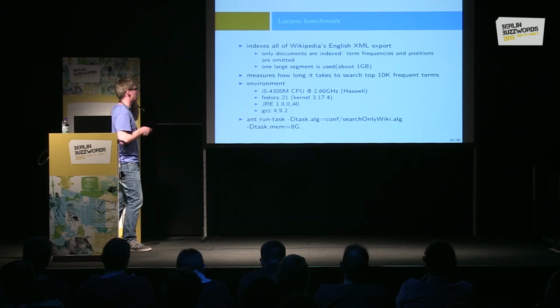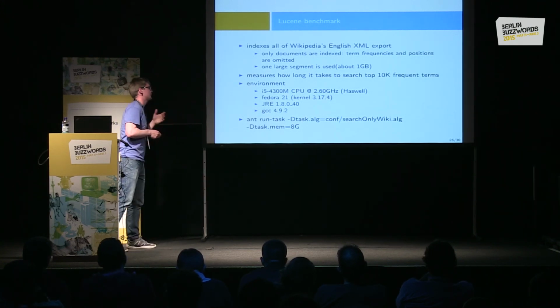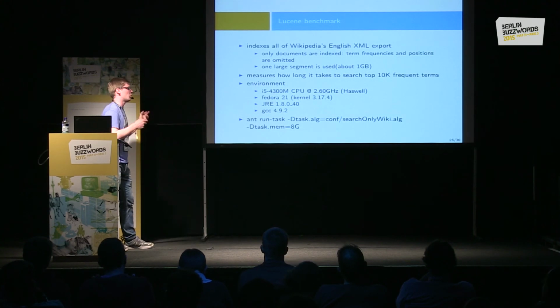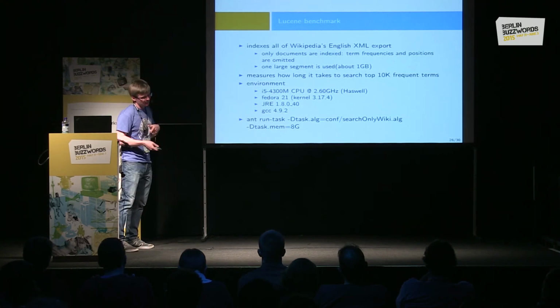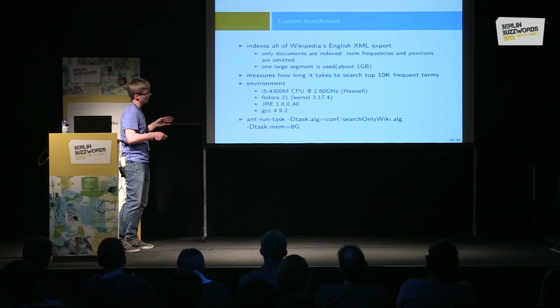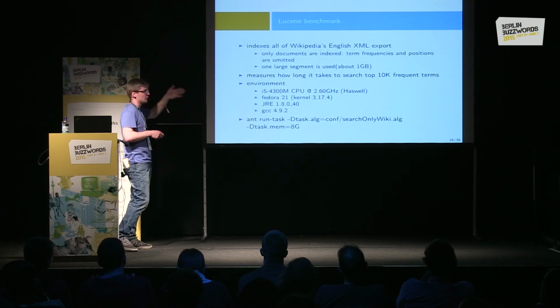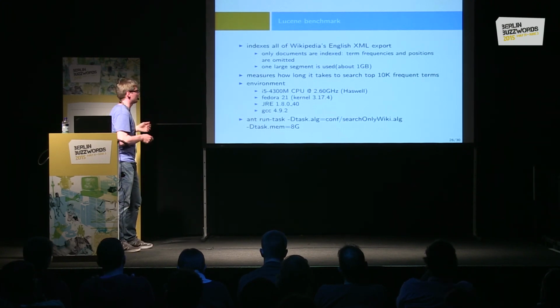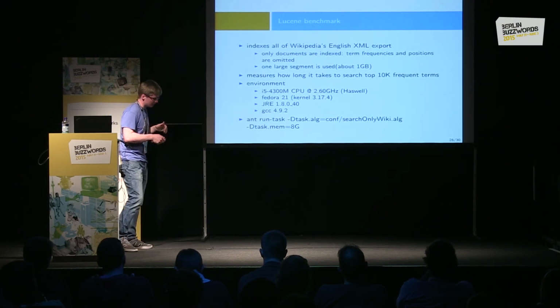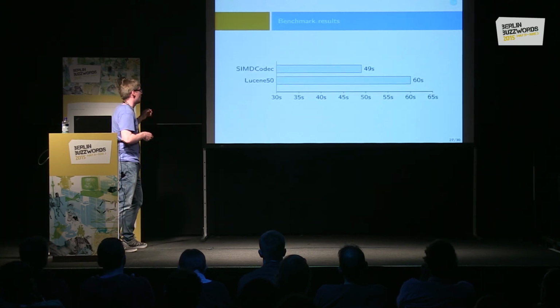I do this experiment in the same environment. If you want to repeat this experiment, you can check out my code, compile the native implementation, and run the task. Also, I have provided my own algorithm with my files. Here are the results.